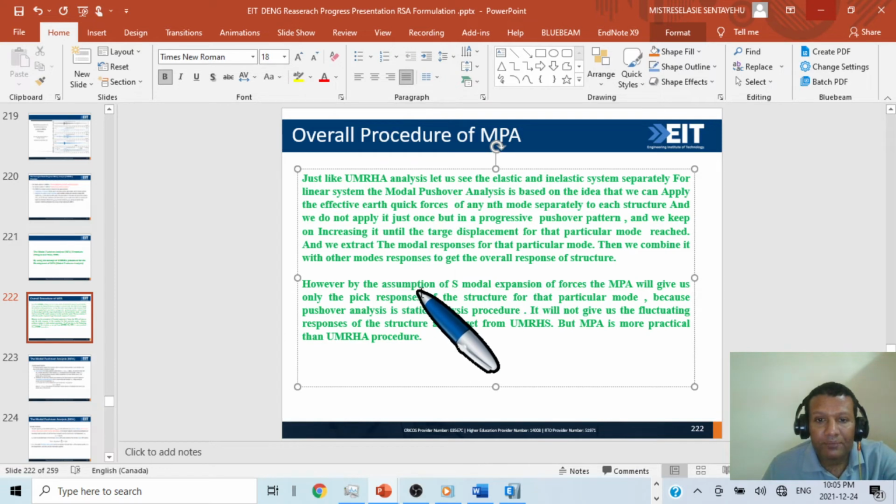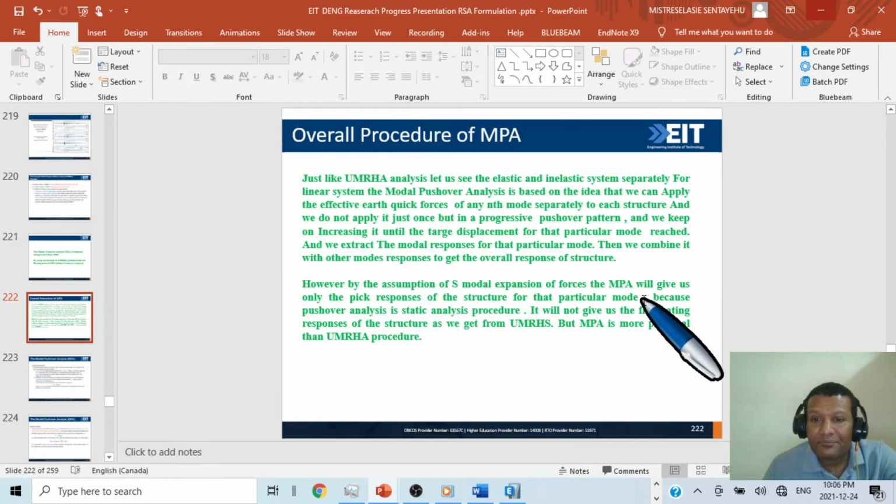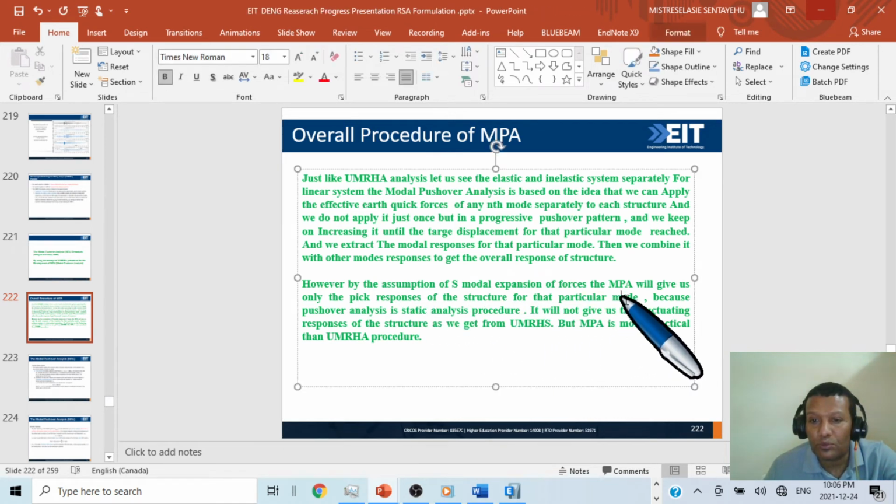However, by the assumption of modal expansion of forces, the MPA will give us only the peak response of the structure for that particular mode.